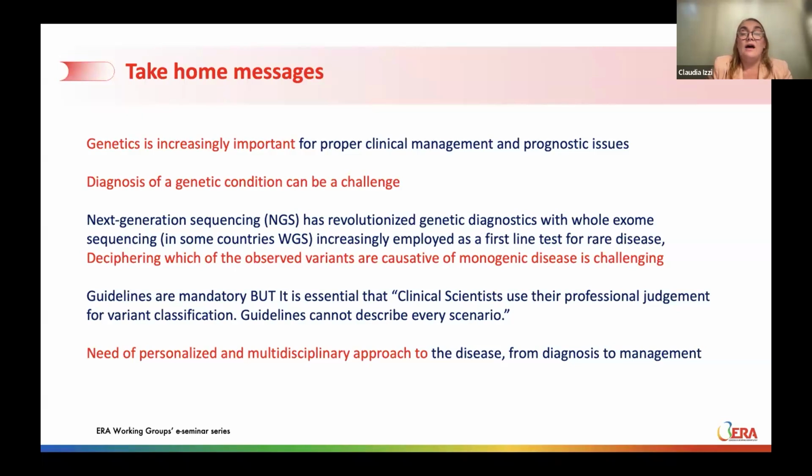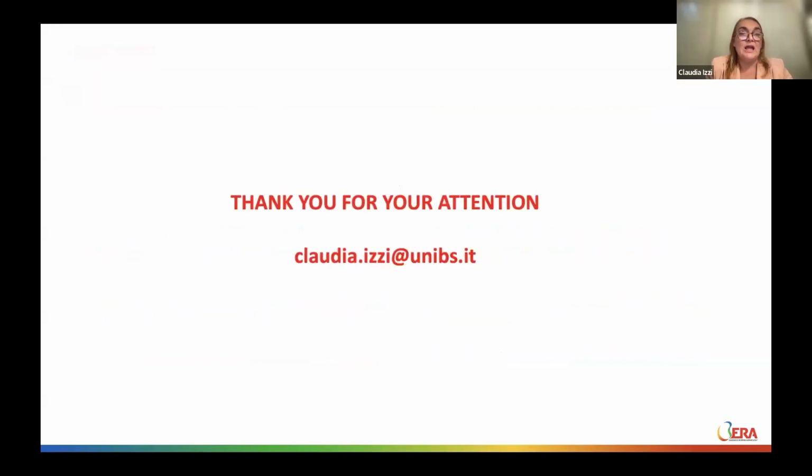And so guidelines are important and mandatory, but the professional judgment of the clinical scientist to classify is also essential. And finally, we need a multidisciplinary approach and a personalized approach to the disease for our patients.